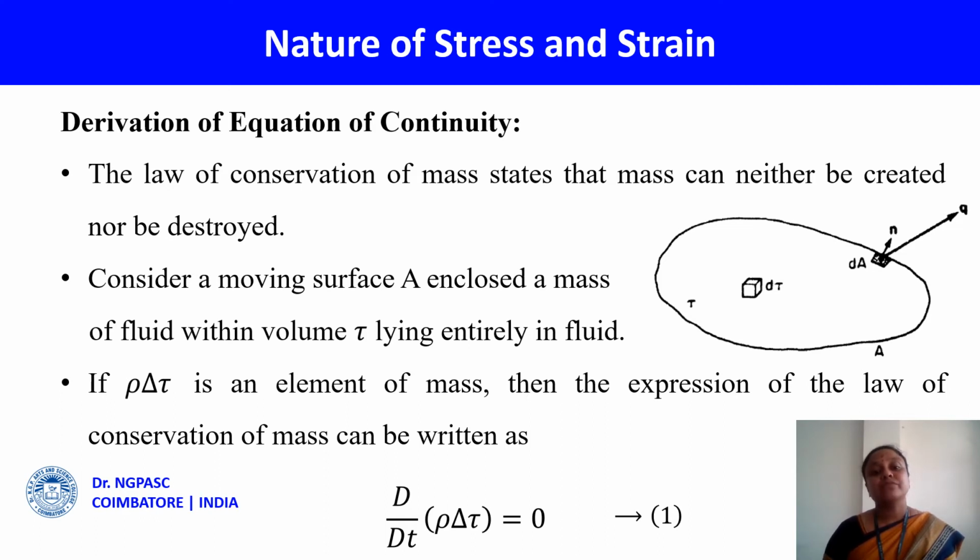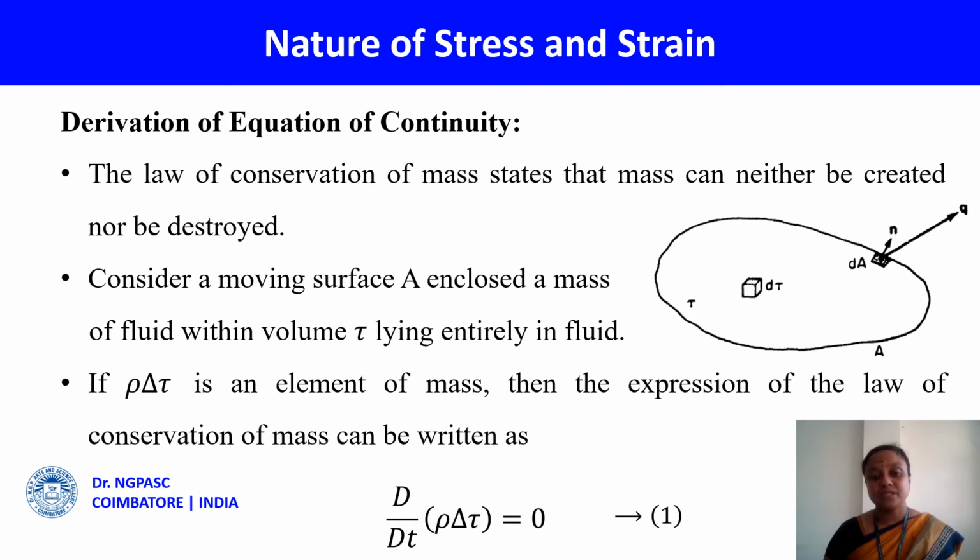First, let us consider a moving surface A enclosing a mass of fluid within tau lying entirely in the fluid. Consider an element of mass, that is rho d tau.